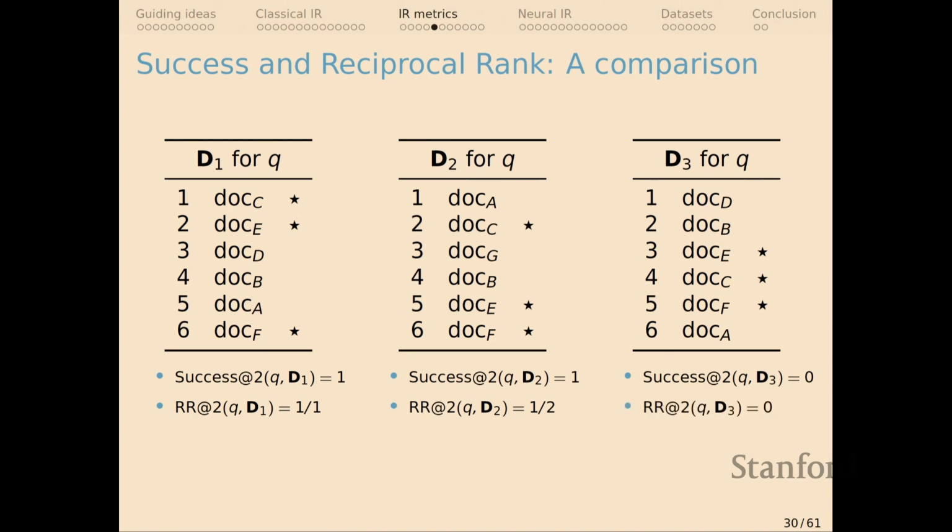And then D3 still gets its poor 0. So pretty coarse-grained, but very intuitive, and sometimes success and RR are good metrics in the sense that you kind of just want to know for your chosen K whether you hit the mark, whether you got a star. And especially if you only have one relevant document per query, you might as well use these metrics. And then RR will just be a little bit more nuanced.